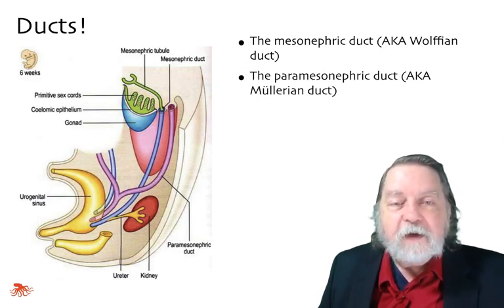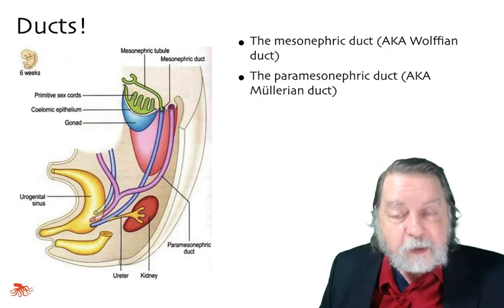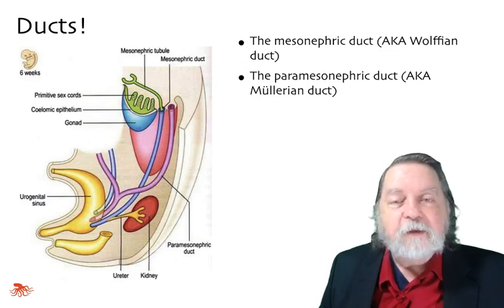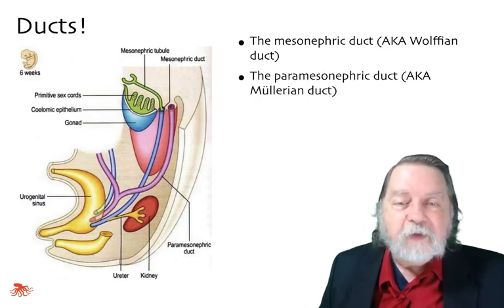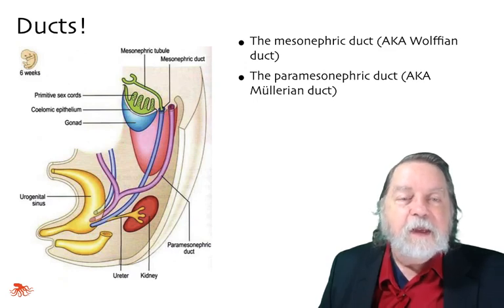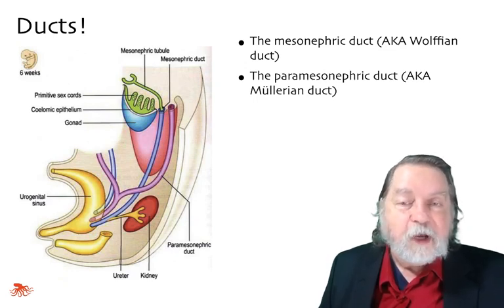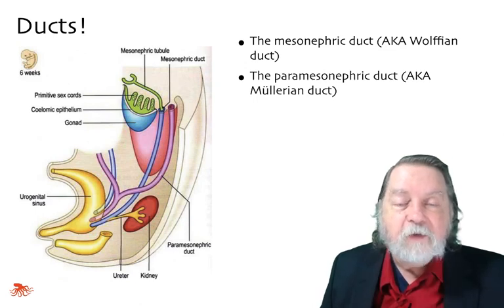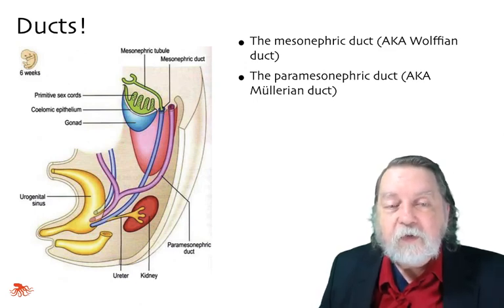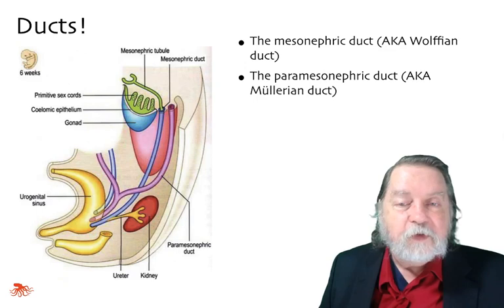In addition, there is something called the paramesonephric duct, which develops in parallel with the mesonephric duct. It seems to be induced by the presence of the mesonephric duct. So the mesonephric duct is sending out cell-cell interactions, it's sending out signals and communicating to its neighborhood, and it's inducing the formation of this tube that more or less parallels it.